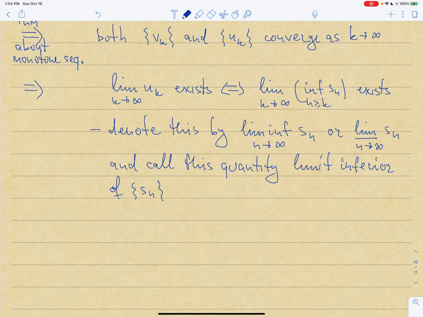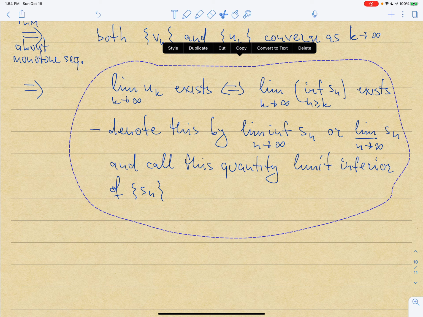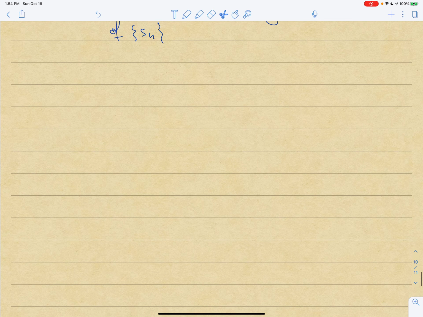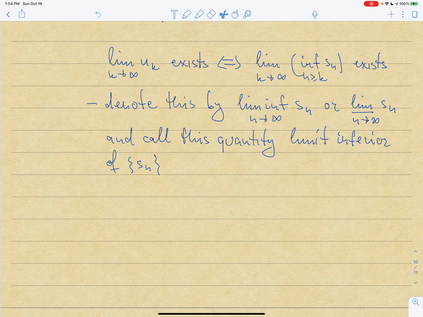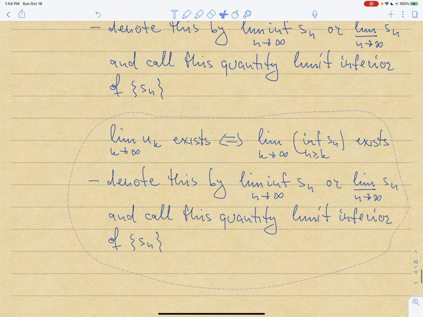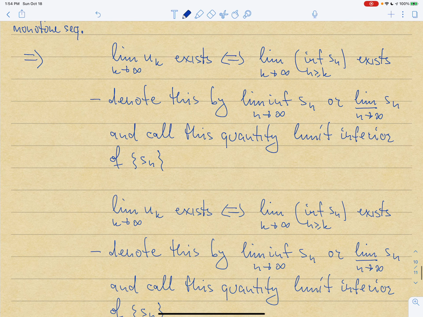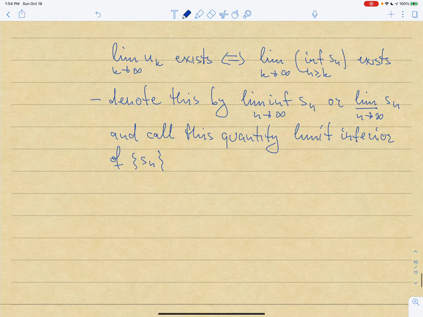And I can do the same thing with vk. So let's just copy this. And so I need to replace uk with vk and infimum with the supremum.